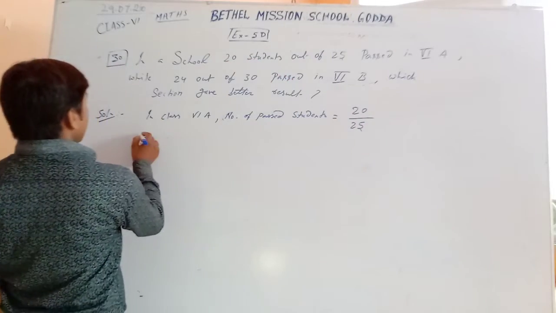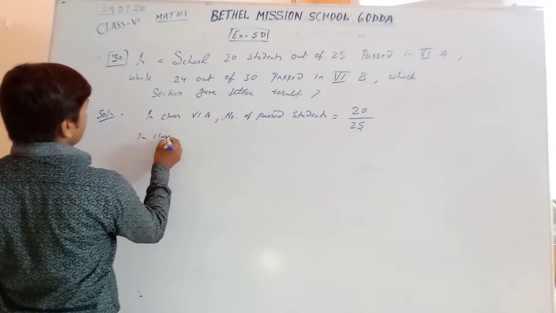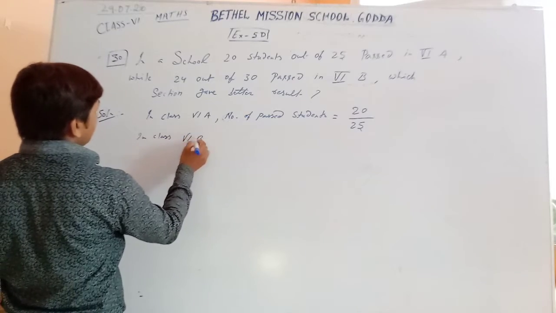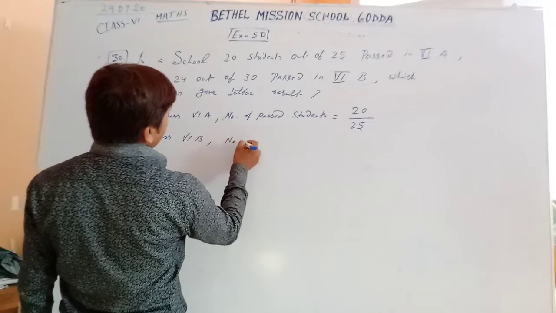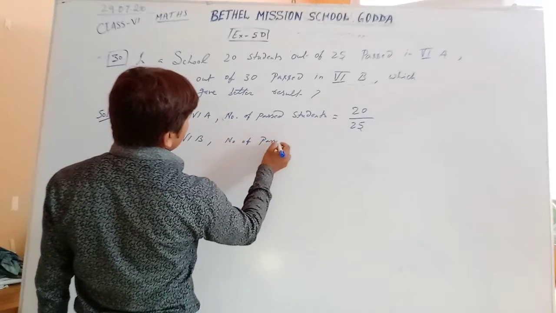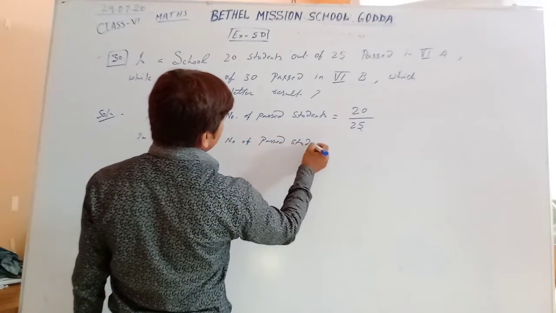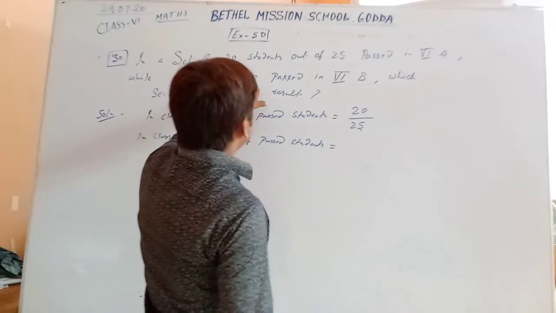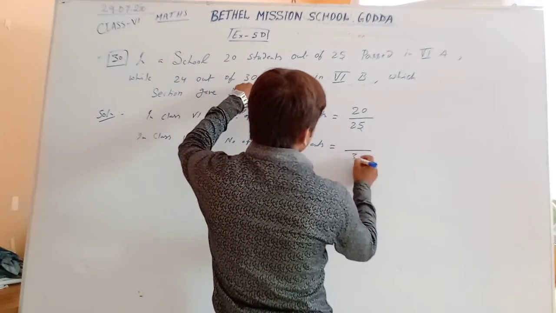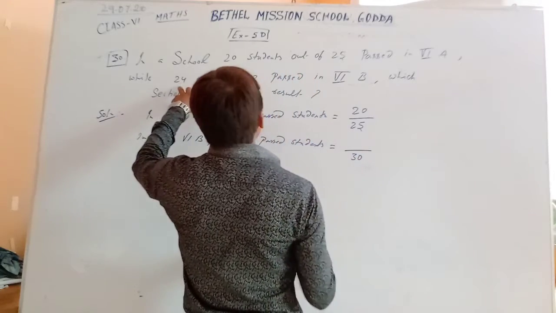And in class 6B, the number of all the students, total is 30 and passed students 24.